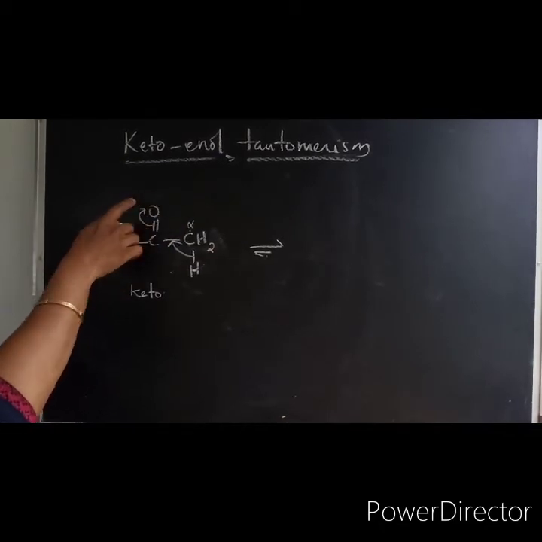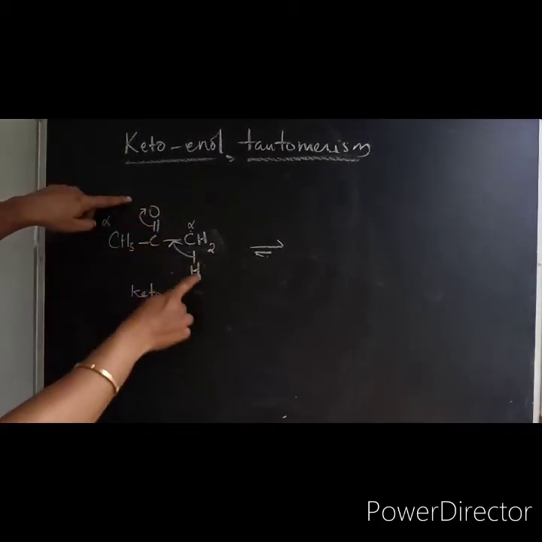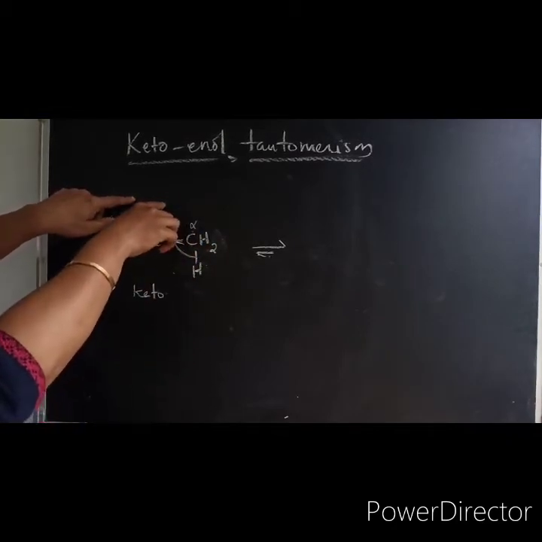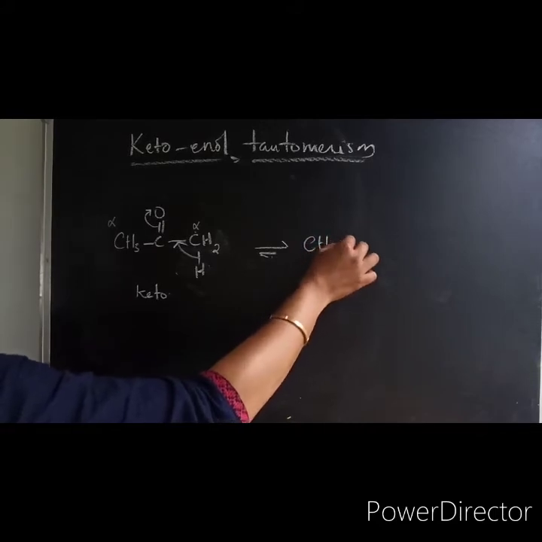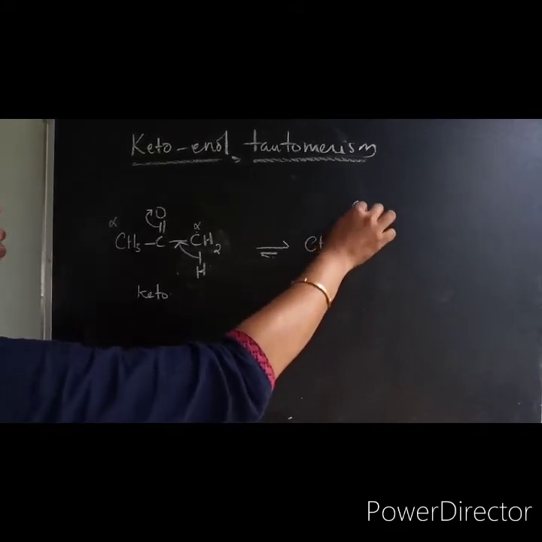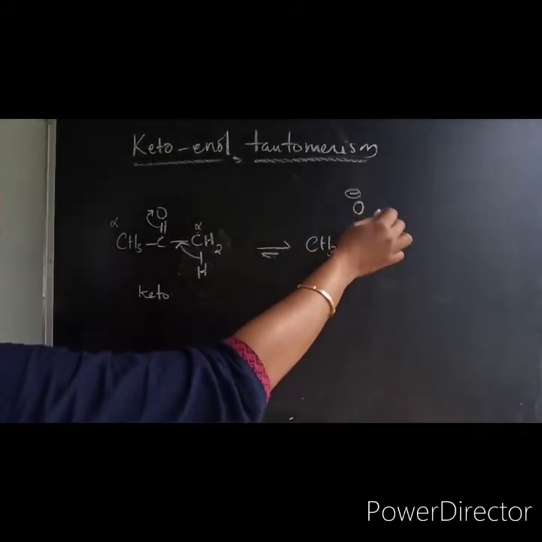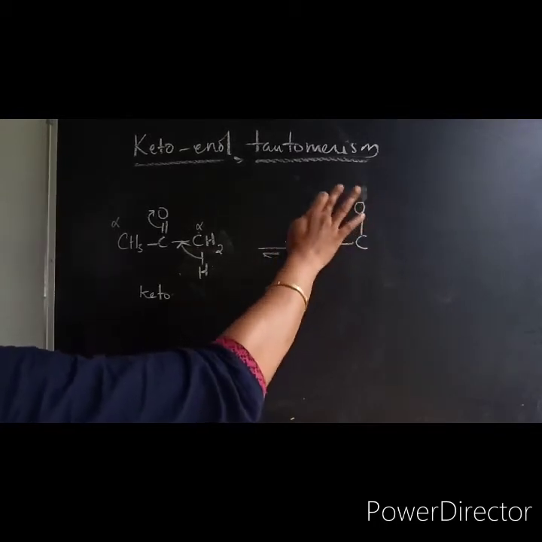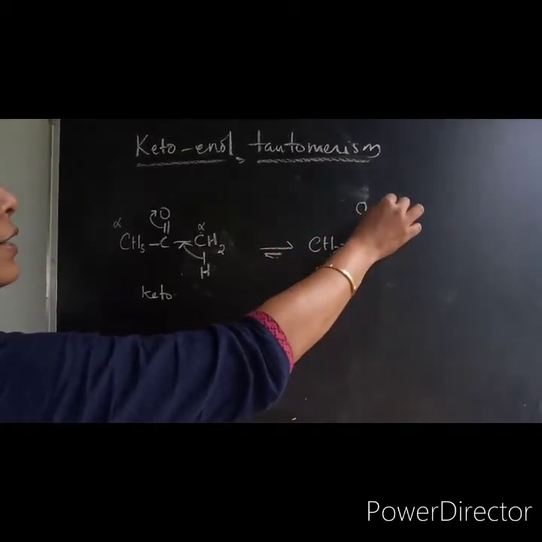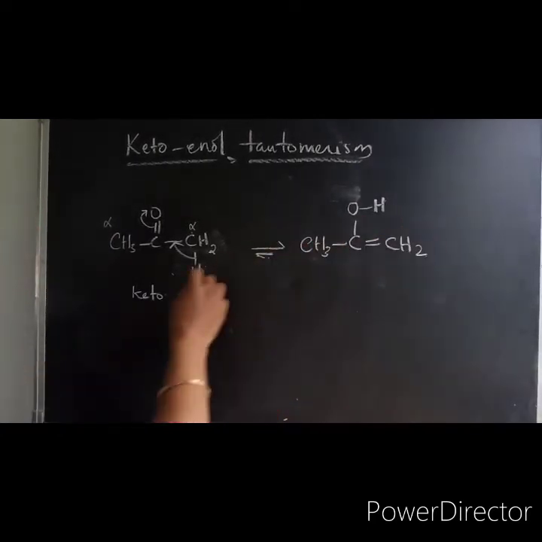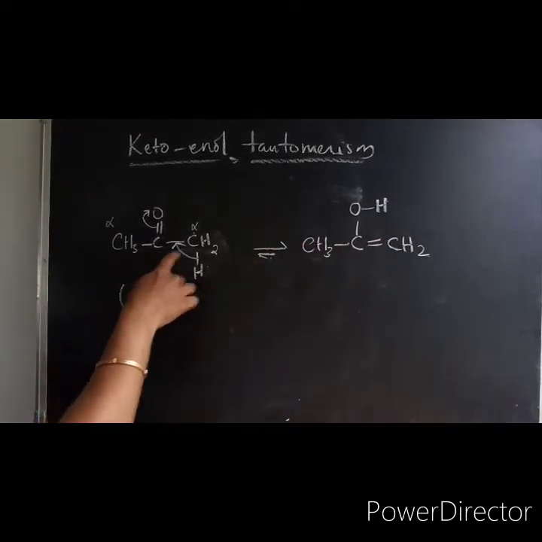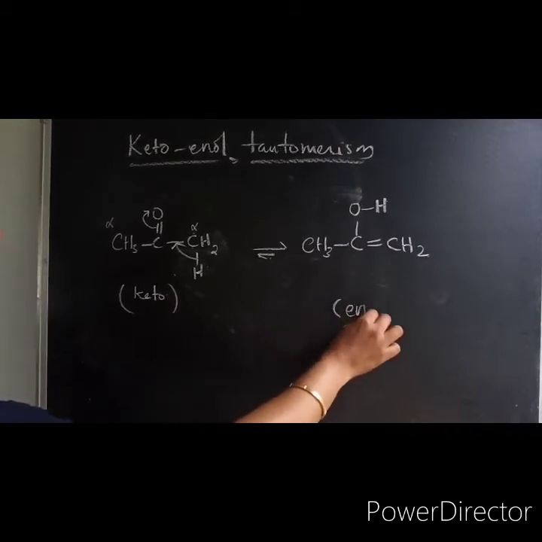The oxygen gets a negative charge, and the proton which is leaving will be attached to this negatively charged oxygen. So how will you write this? CH3, C, O minus, and the H plus that was leaving captures that hydrogen. Then here, double bond CH2. This is the keto form of acetone, and this is the enol form of acetone.